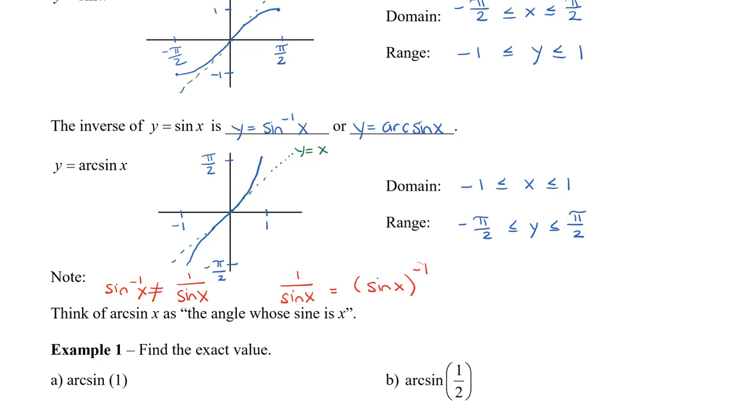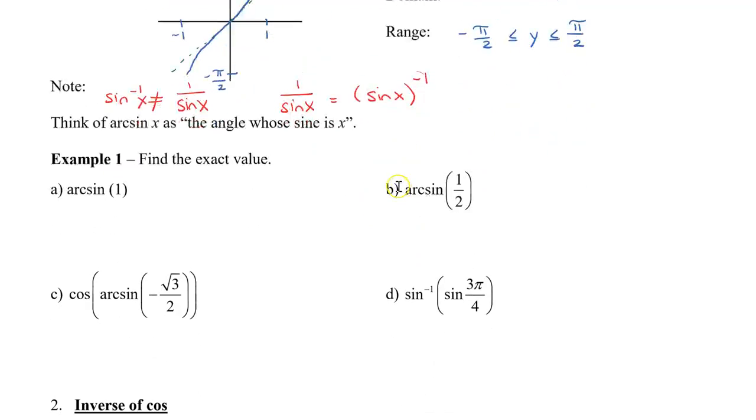All right, so let's take a look at a few examples. So we have the arcsine of 1, and you might be more familiar with this as the arcsine of 1 is equal to theta, let's say. So that means that we have 1 is equal to sine theta. Or we can also think of this as sine inverse of 1 is equal to theta.